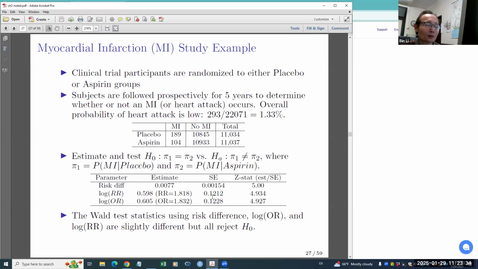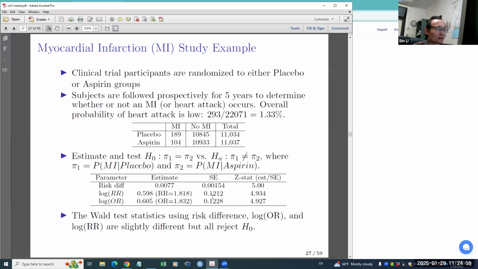Now let's see an example. This is the myocardial infarction study. In this clinical trial, the participants are randomly assigned to the placebo and treatment groups.